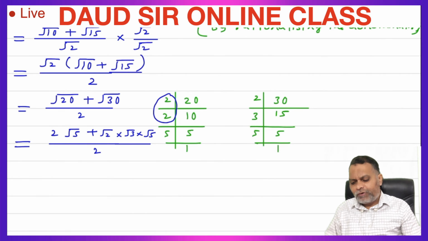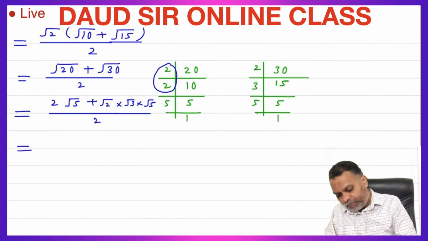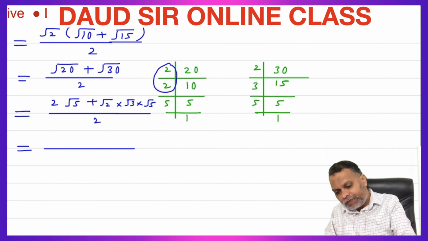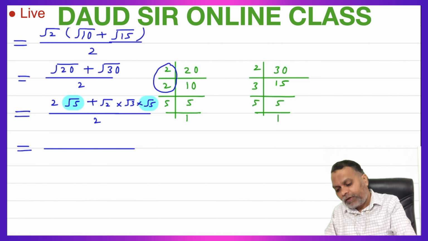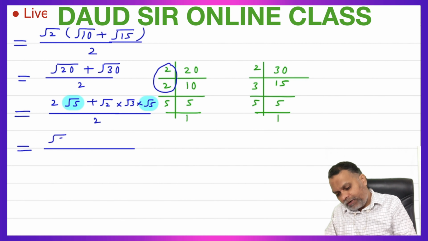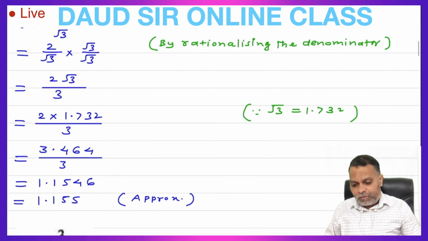So all three root values we have. From here we can take out root 5 common. Take out this root 5 common, then our calculation will become simpler. Root 5 common, so here 2 plus root 2 into root 3 left, upon this 2 as it is.